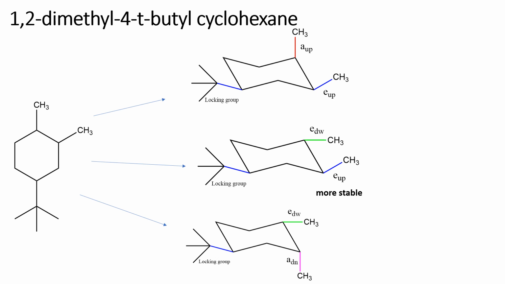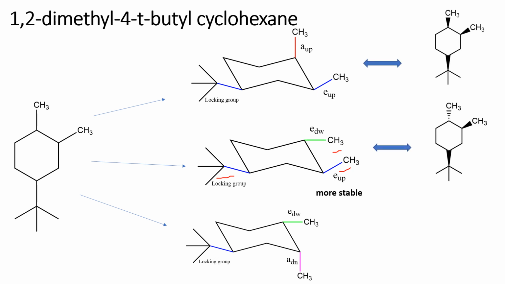Here you can see that this is equatorial, this is equatorial and this is equatorial. Therefore this is the most stable structure among those 3. When we write the planar structures, it will look like this. This is up, this is down, therefore this is down. This is up, always this is given.